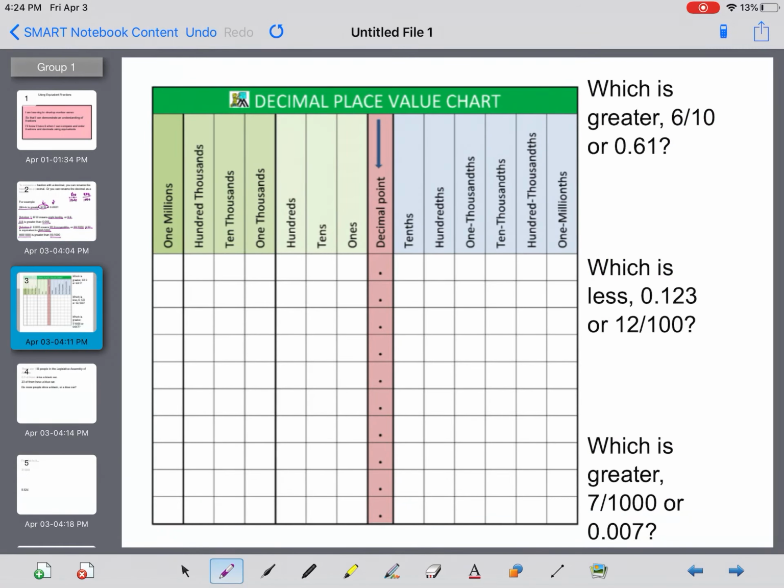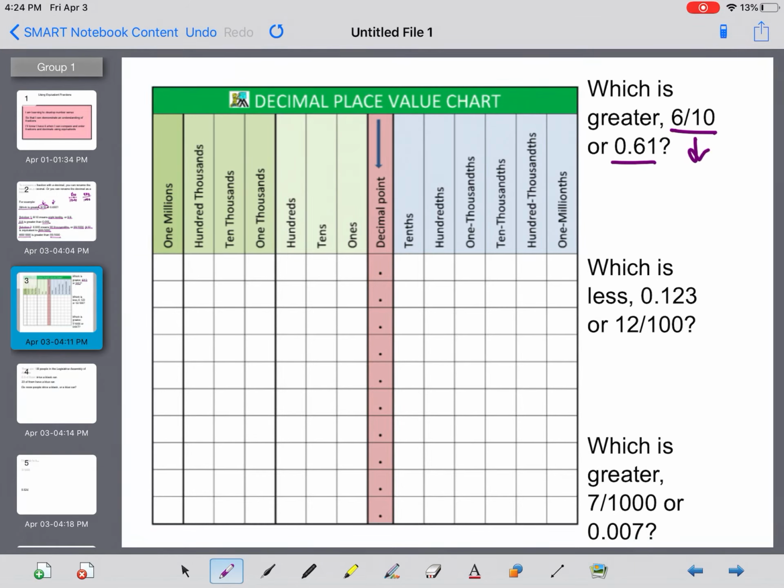Okay, like I mentioned before, you can use a place value chart to determine which number is greater if that part is a little bit confusing for you. You can always turn them into a decimal and then write them into your place value chart to see which number is larger. So 6 tenths or 61 hundredths. So I'm going to convert 6 tenths into a decimal so I can use my place value chart.